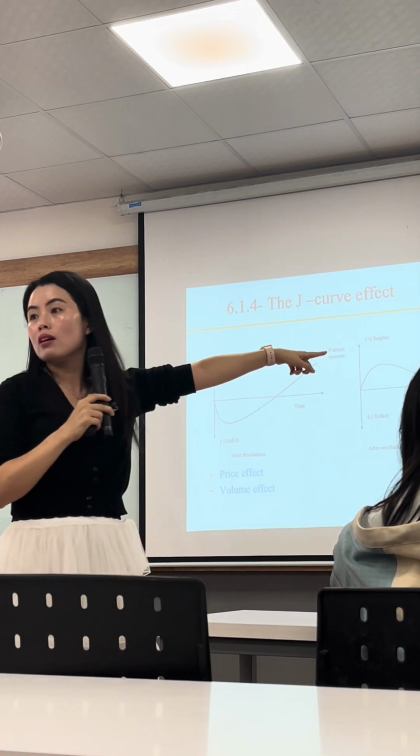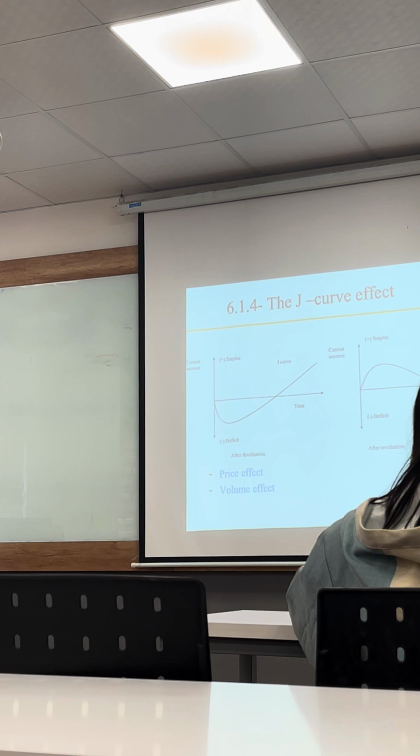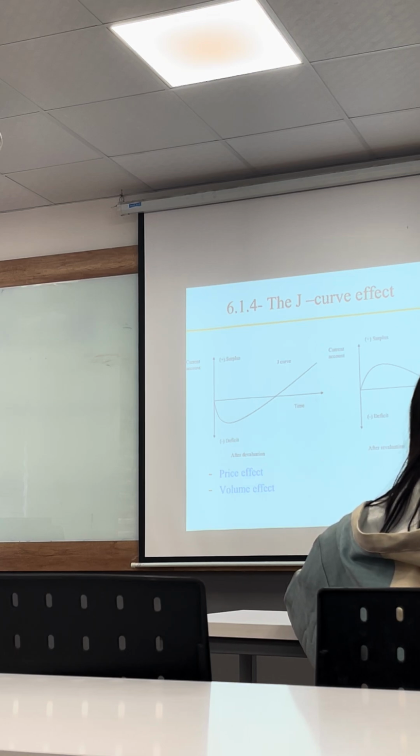You see here, 1 USD just becomes 0.5. But the volume effect will make the trade balance better. And when the volume effect outperforms, or is greater than, the price effect, the trade balance will be better.